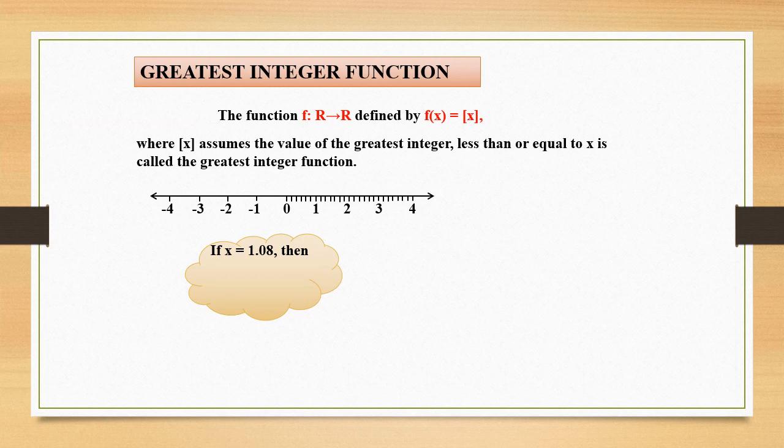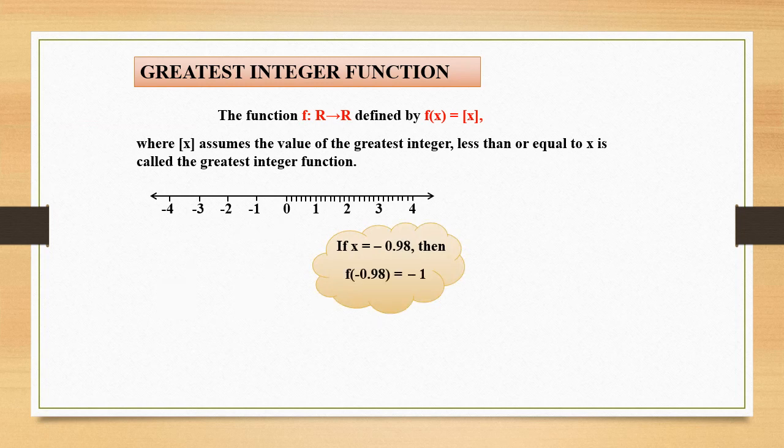Similarly, for 1.08, the value will be equal to 1. If x is 2.5, again the value will be equal to 2. If x is 3, the value will be equal to 3. And if x is equal to minus 0.1, then the value will be minus 1. So here the function will take the value less than or equal to x.